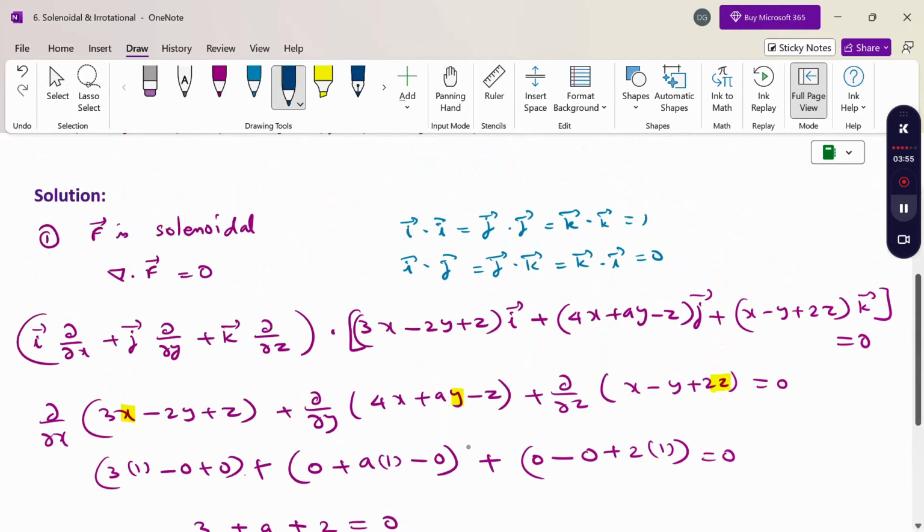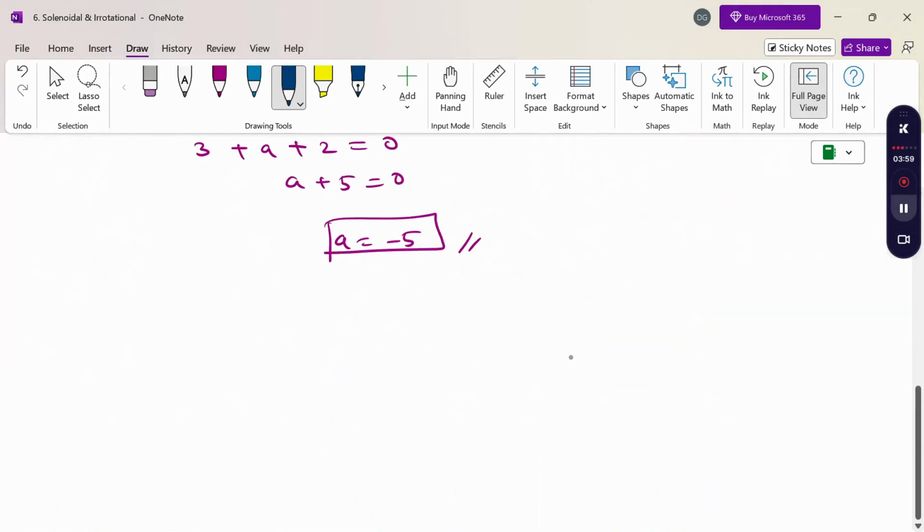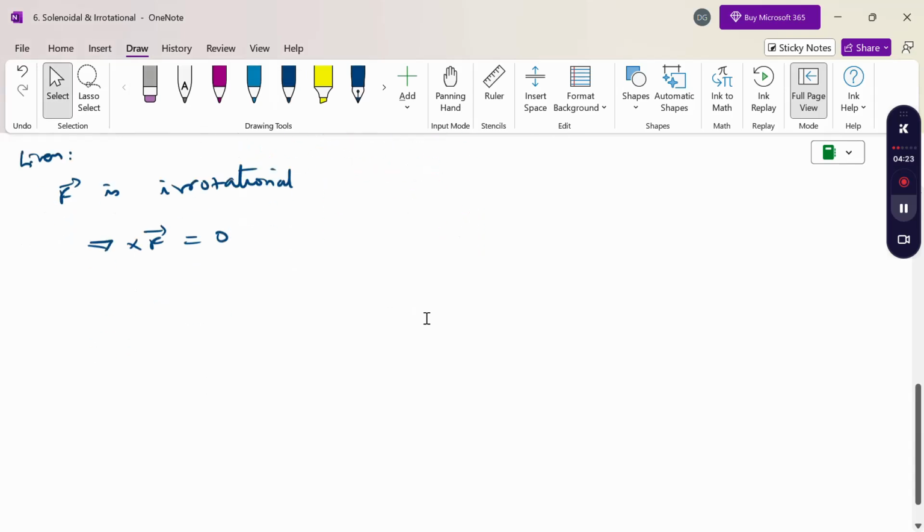Then next, f vector irrotational. Given f vector is irrotational, therefore del cross f vector equal to 0.